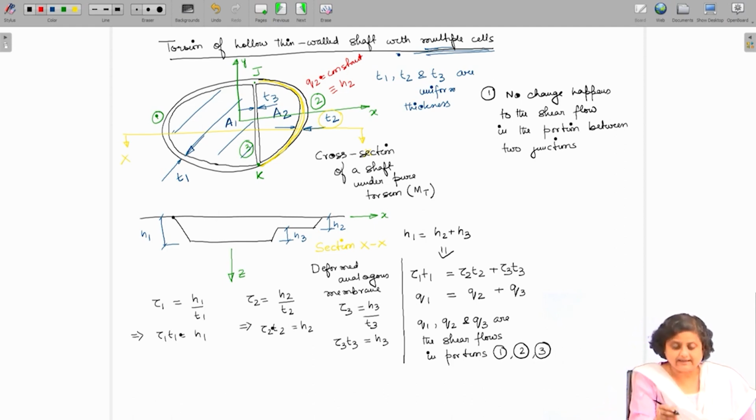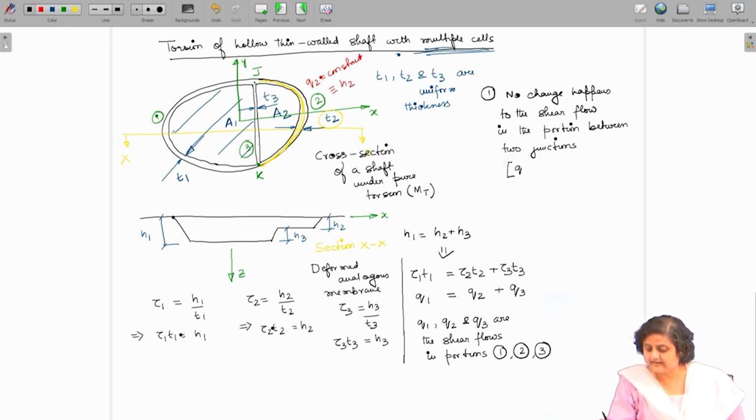So, for this particular case, Q1, Q2 and Q3 are constant. It is not going to change in the portion. Okay. The second inference that we can make is that Q1 is equal to Q2 plus Q3.